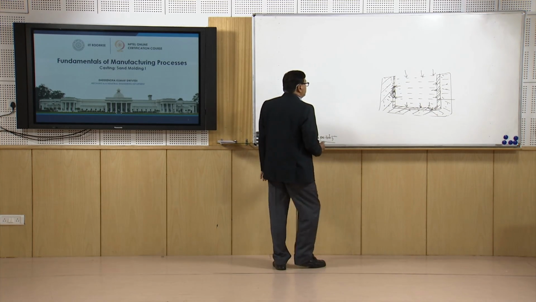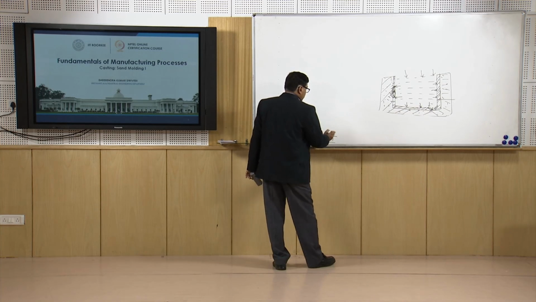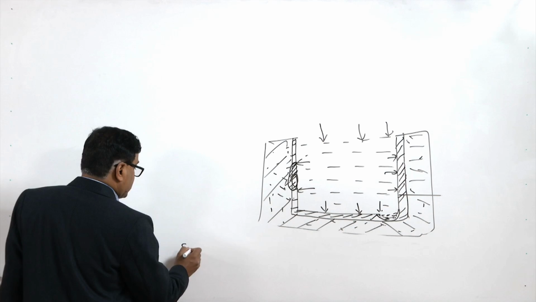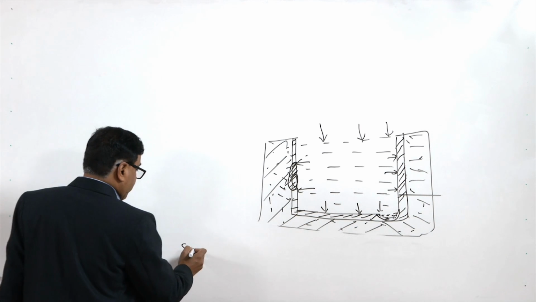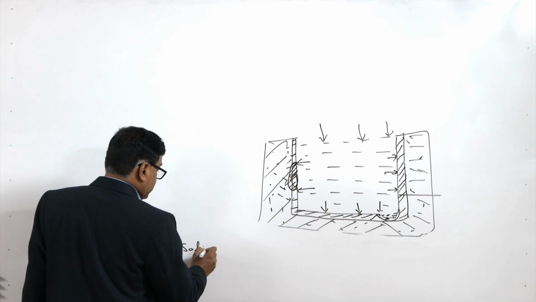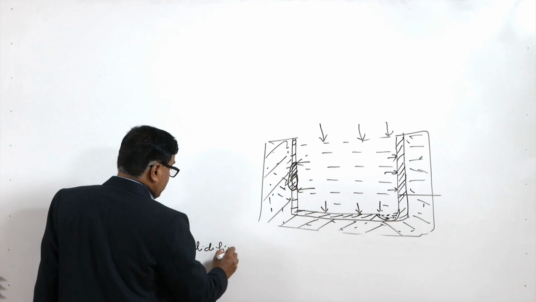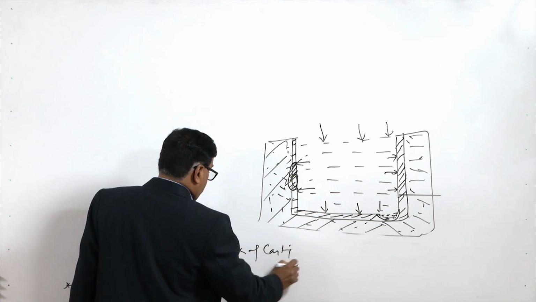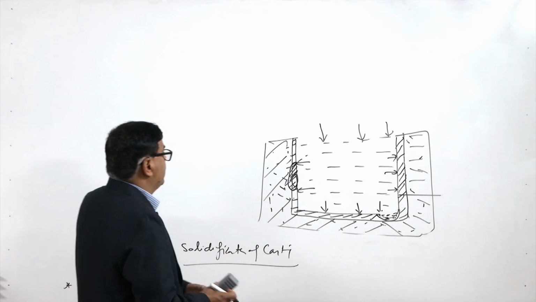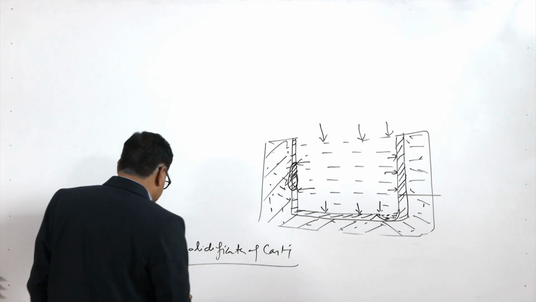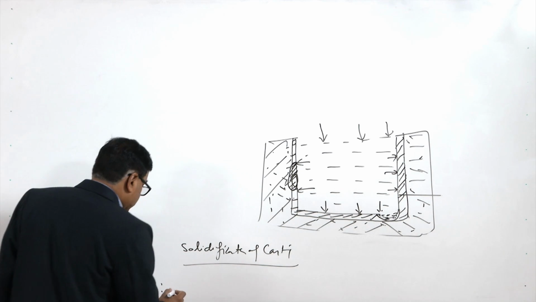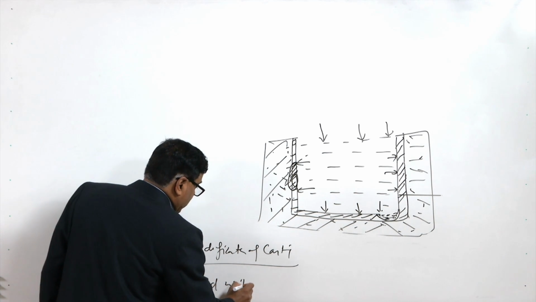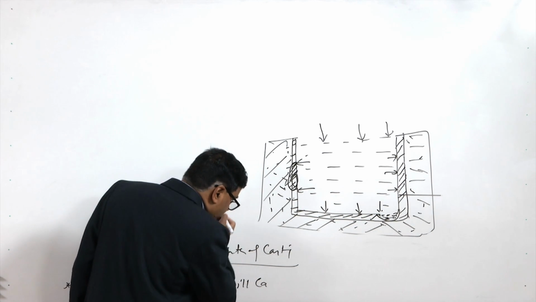Collapsibility is important after the solidification of the casting. According to this property, we expect that the mold will collapse or be crushed.